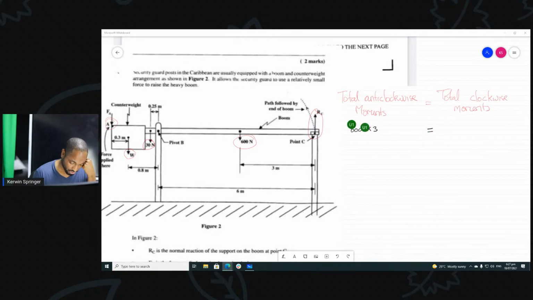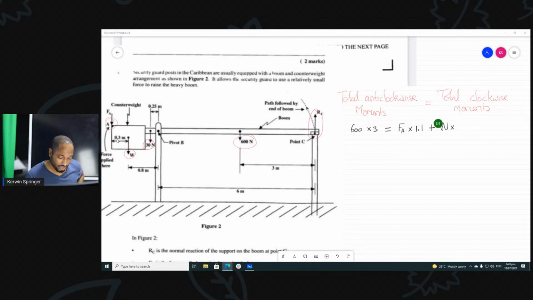So 600 times 3. You get to leave that side there by itself. The equal sign needs to come in, because all the rest is anti-clockwise action. How far away is FA? 0.3 and 0.8 add up, so FA times 1.1. Follow with me, right? A moment is always the product of the force and the perpendicular distance.